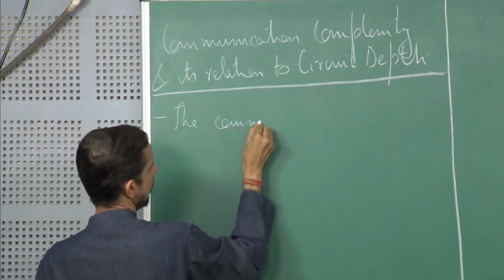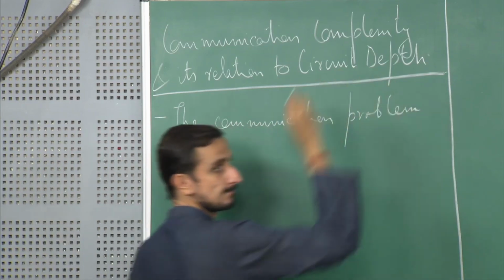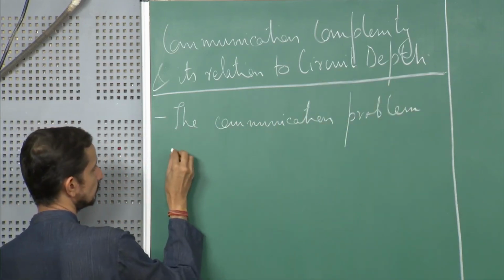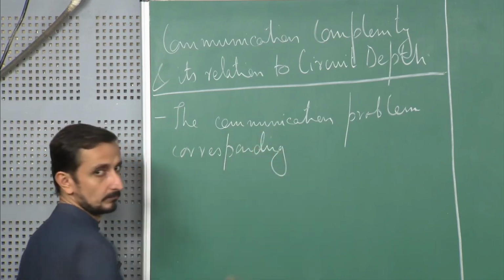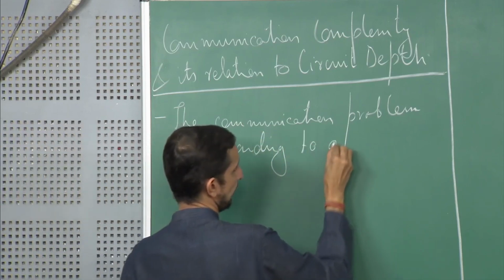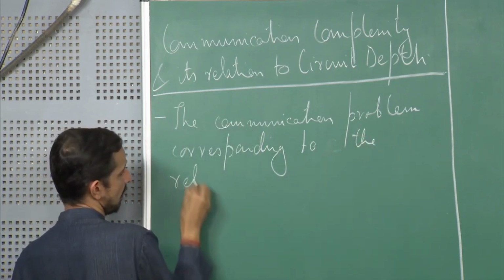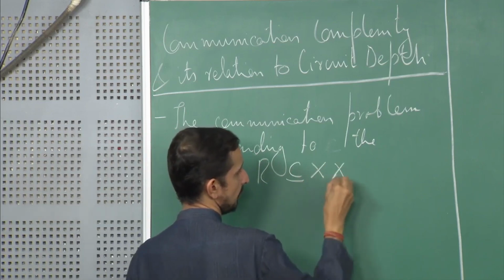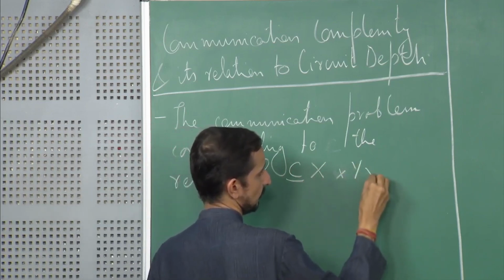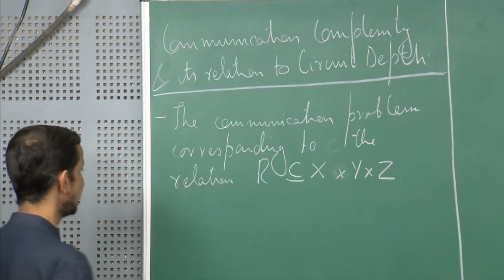The communication problem corresponding to a relation R, let's say it's a relation X cross Y cross Z. So suppose we have a relation over three sets X, Y and Z, X cross Y cross Z. So the corresponding communication problem is defined as follows.